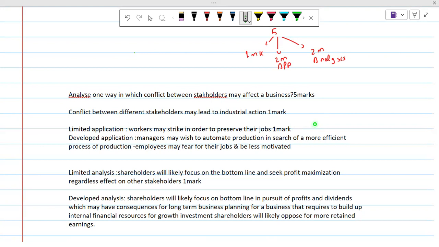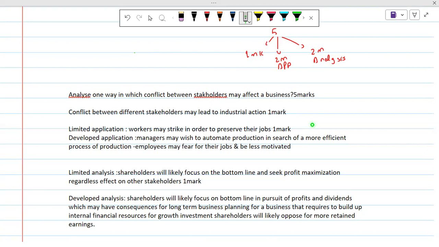Now they are asking a lot of evaluation in your questions. So if you want to write a perfect evaluation, you have to read the book. Notes are not enough. You have to read the book, and there are a lot of other things you will find in the book.